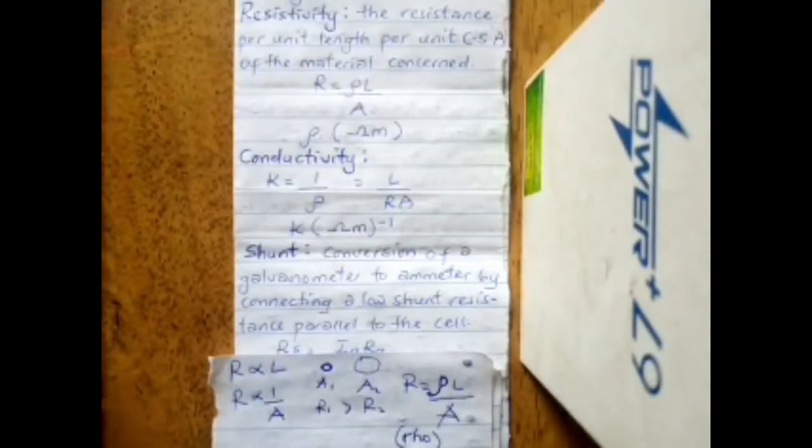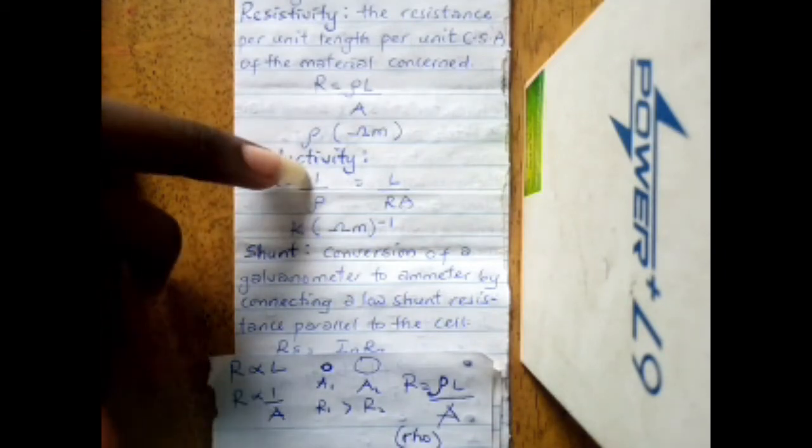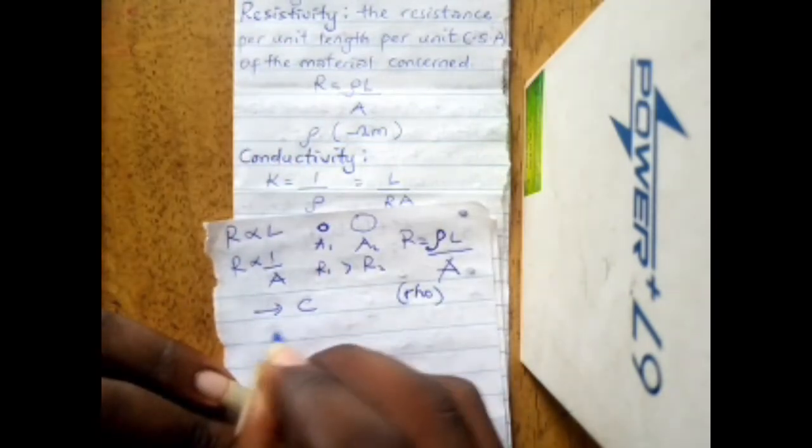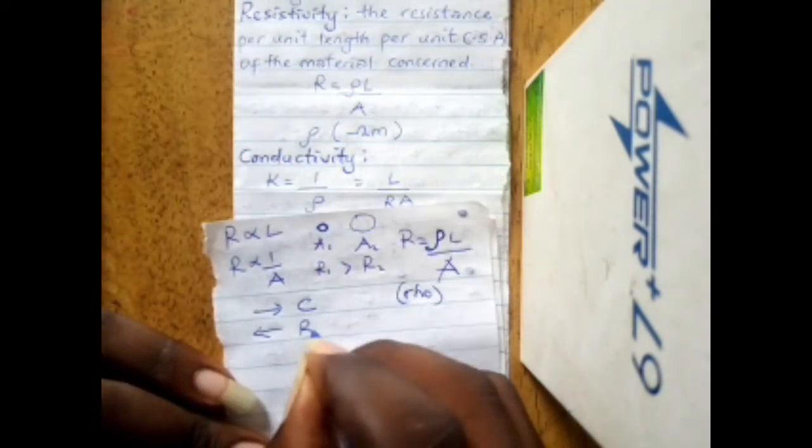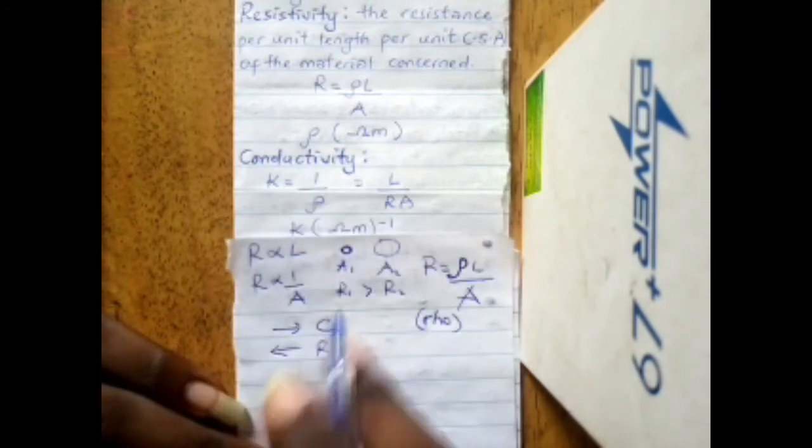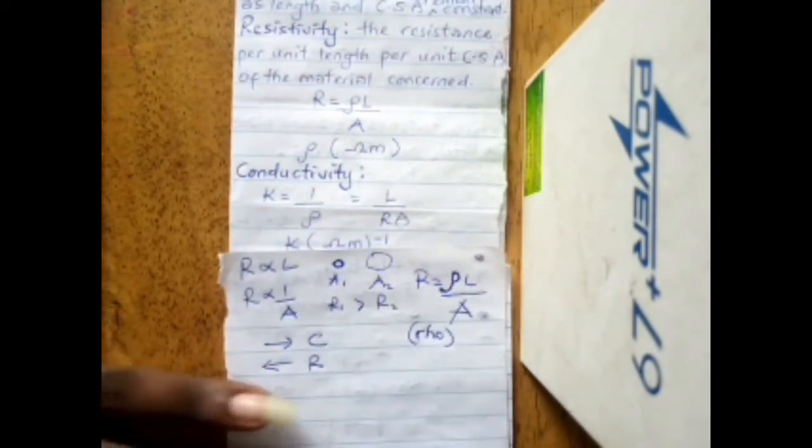Resistivity talks about resistance, opposition to motion. Now, to oppose an opposing motion, you have what we refer to as conductivity, which is conduction. So this is conduction, this is resistivity. Conductivity is the inverse of resistivity, so that gives us 1 over rho.